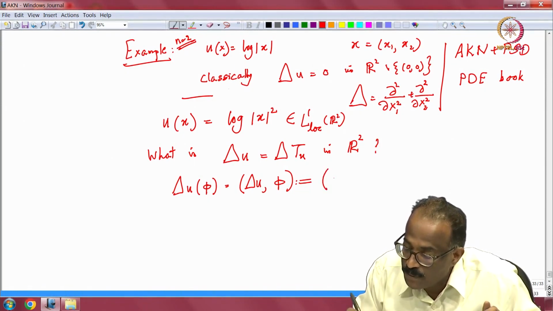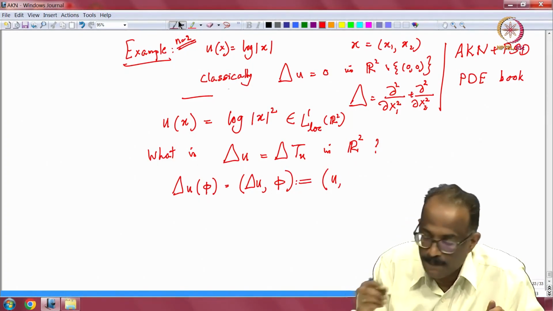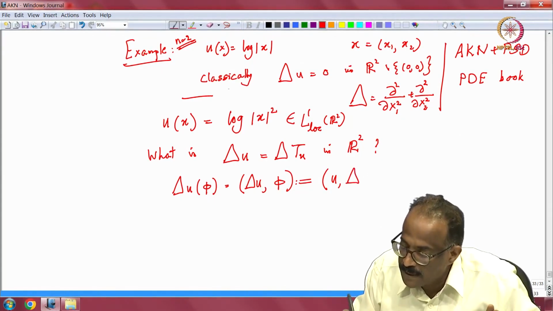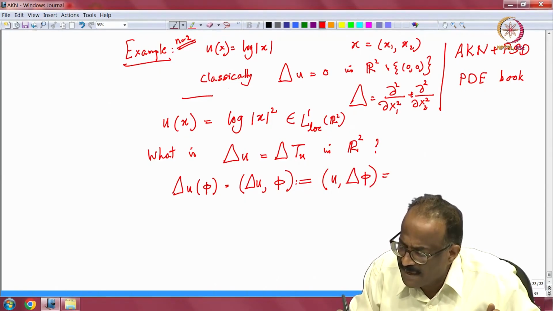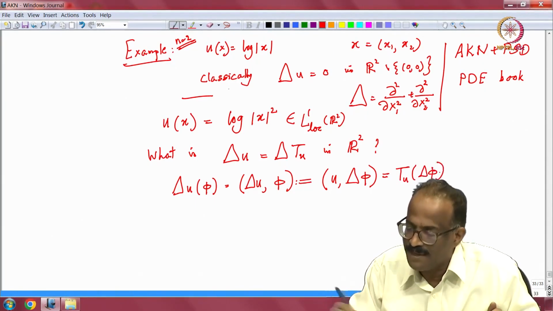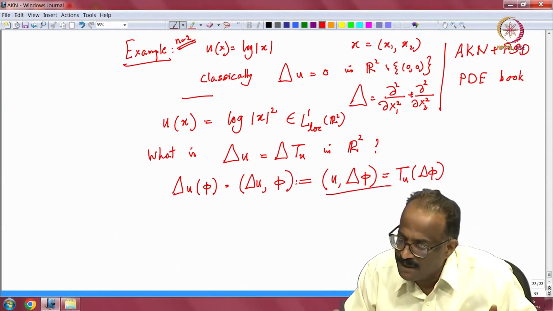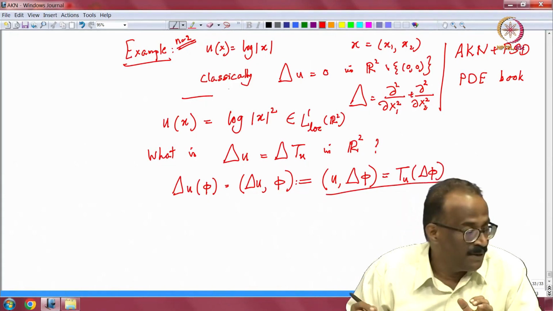Precisely, you get u acting on Laplacian of phi. That is equivalent to Tu acting on Laplacian of phi; these are just different notations for the same action.